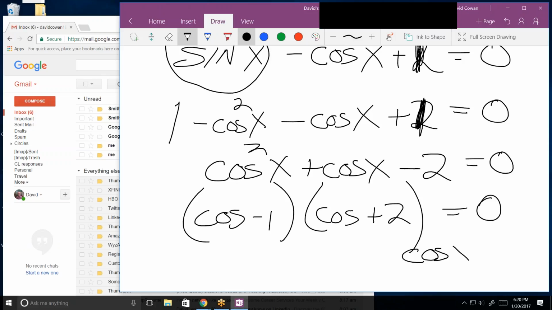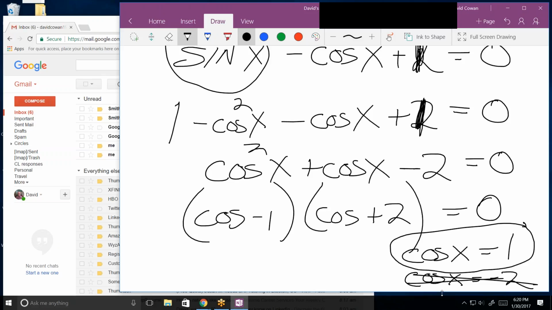Cosine of x has to equal 1, or cosine of x has to equal minus 2. Well, this one can never happen because the range of cosine is always minus 1 to 1. So when you get an answer like this by solving a quadratic, it's an extraneous solution. So the solution is, where is cosine of x equal to 1? When x is 0 degrees. So there's the answer.